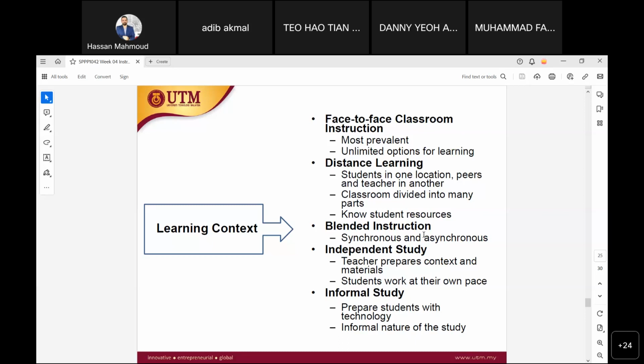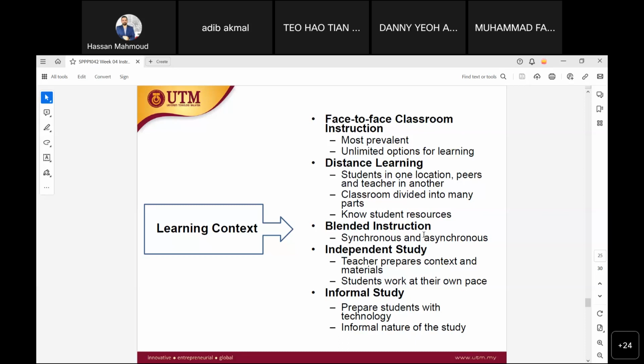So if you ever see a multiple choice question about learning context, and one of the choices is presentation, it's obviously wrong. You need to differentiate between learning strategies, methods, and learning context. Learning context means environment or settings.